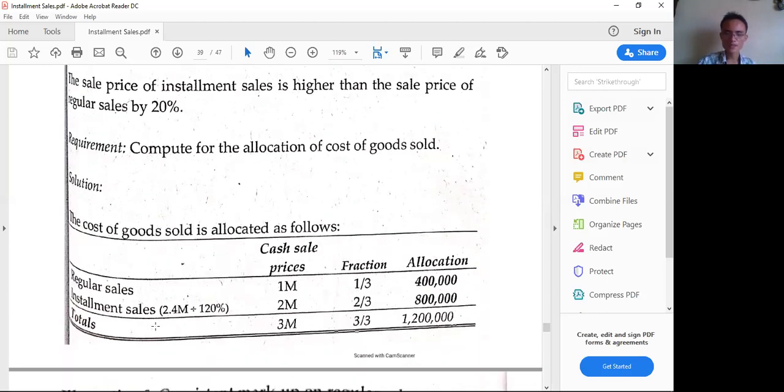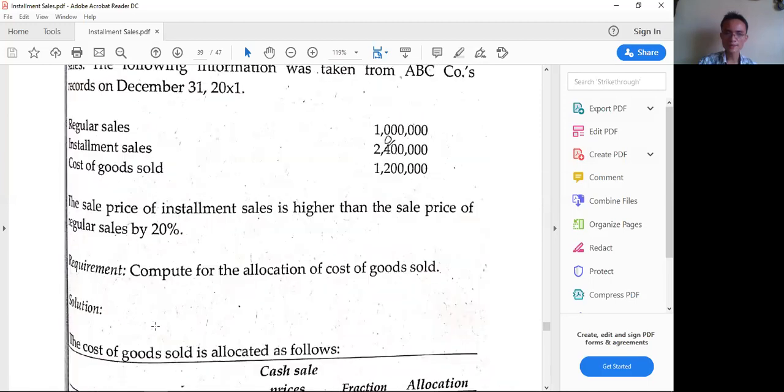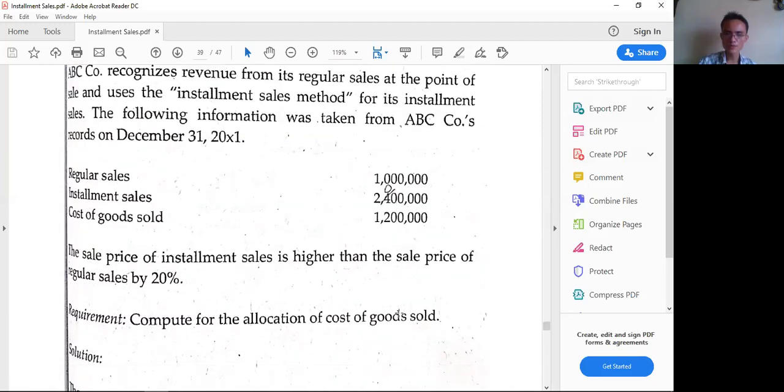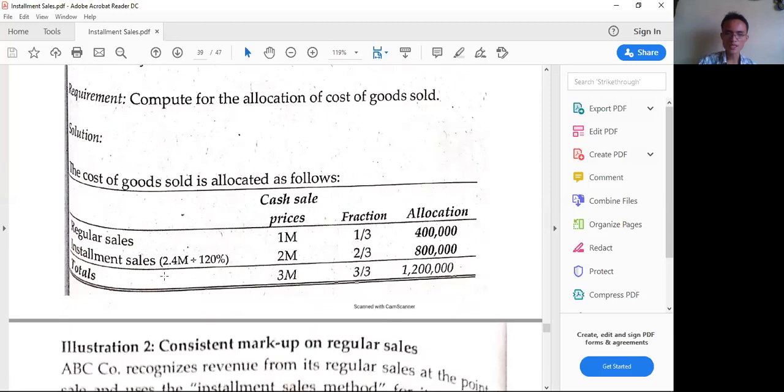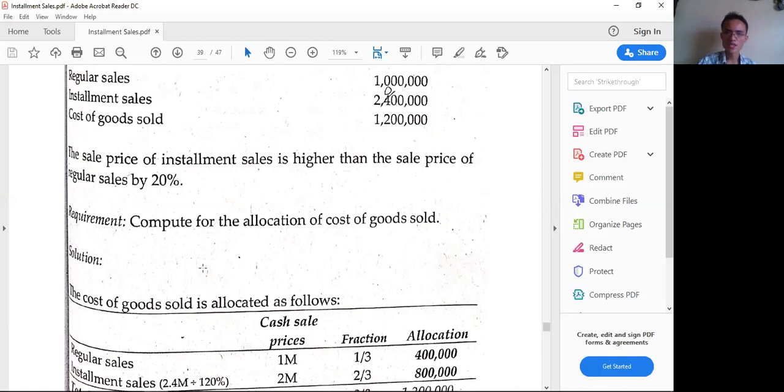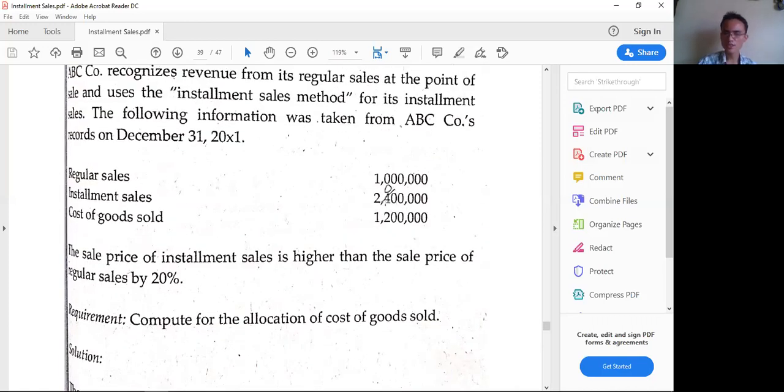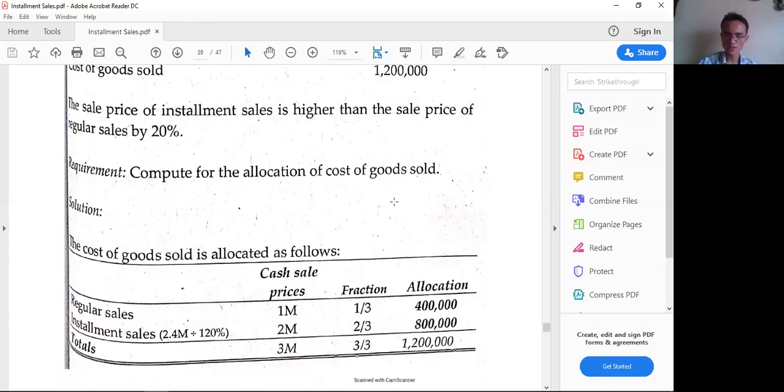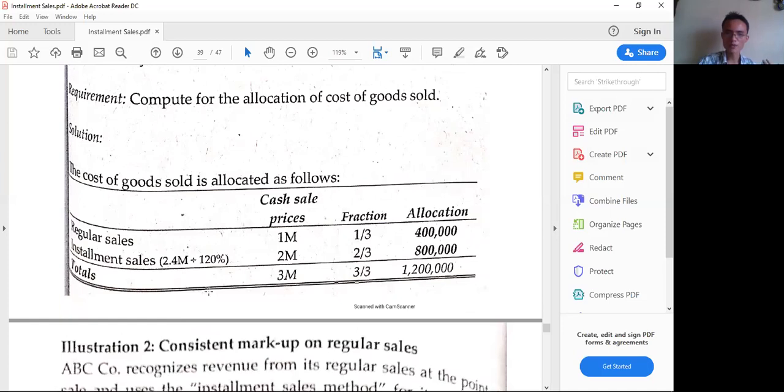Therefore, the 2.4 million should be adjusted to become lower than its original selling price, since it is 120% of the cash price. So we have to divide it by 1.2 to become 2 million.